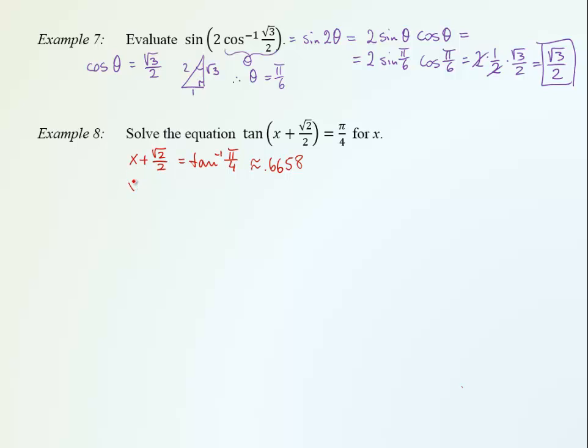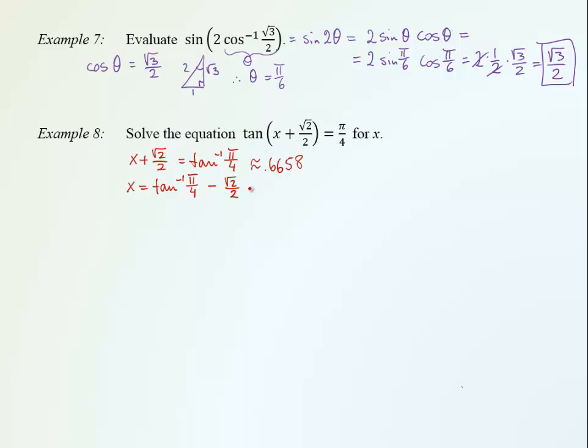Now, to solve for x, we give the exact value by just using arctangent of pi quarter and then minus root 2 over 2. So that will be the solution in the first period of tangent. But if we want the overall solution, then remember that we can always add any multiple of pi because tangent is periodic with period pi.